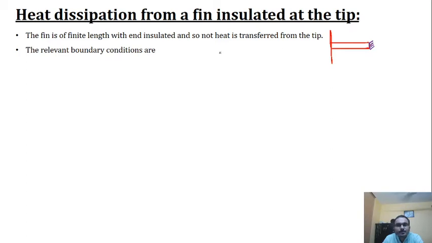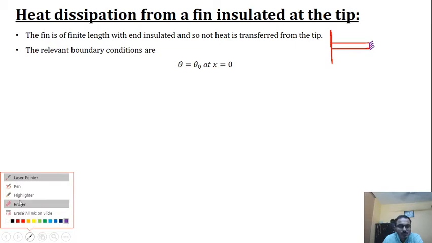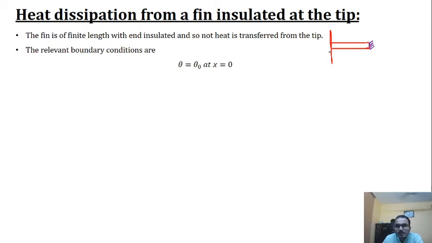Okay, and the relevant boundary conditions for this case, here first is theta is equal to theta 0 at x equal to 0. So where is x equal to 0 in this case? This location is x equal to 0.